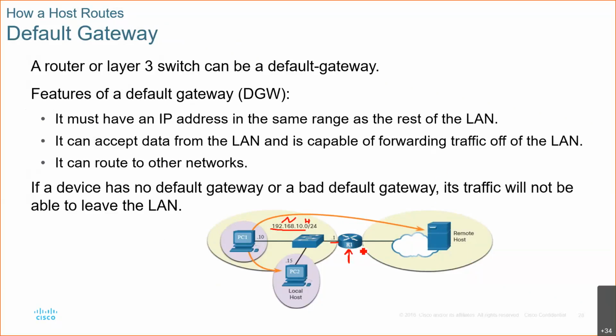As far as layer 3 is concerned, remember, your header has information of the source and the destination. That will never change. That will always be there. So every router knows where it is coming from and where it has to go.